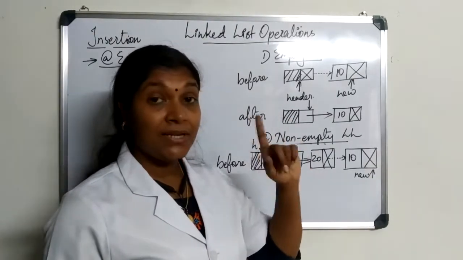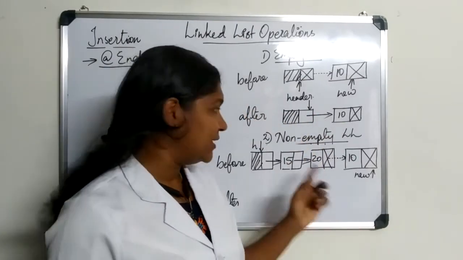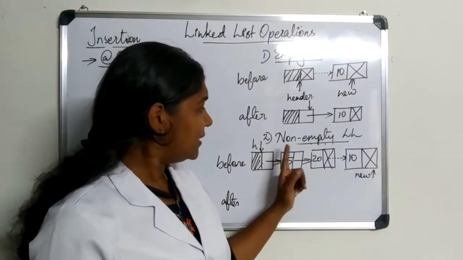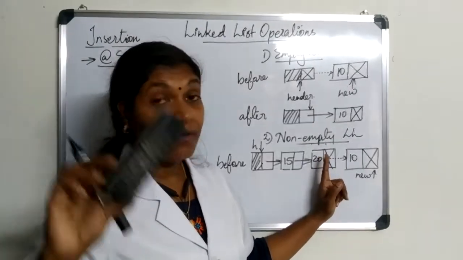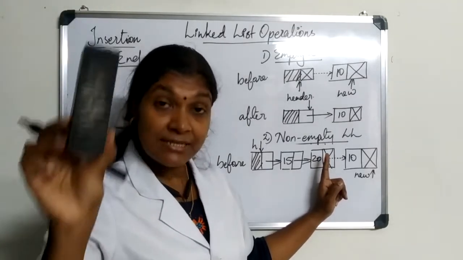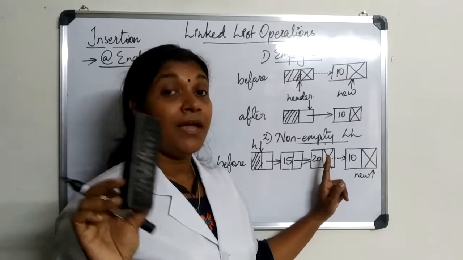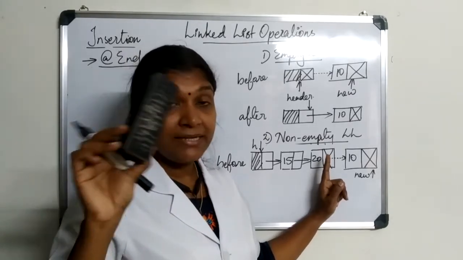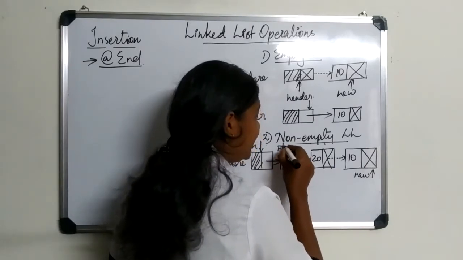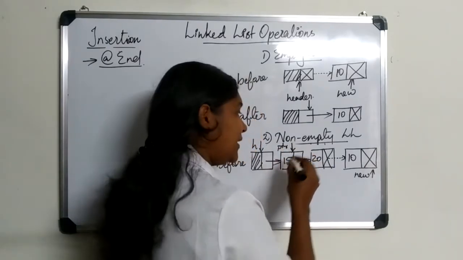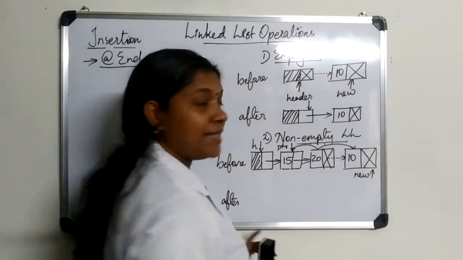For that, we require our search procedure or traversal procedure. We should make a pointer reach the last node, not the location after the last node, but till the last node. So for that, what condition do we need to provide? We make a pointer ptr point to header dot next, then we traverse this pointer till the last node.